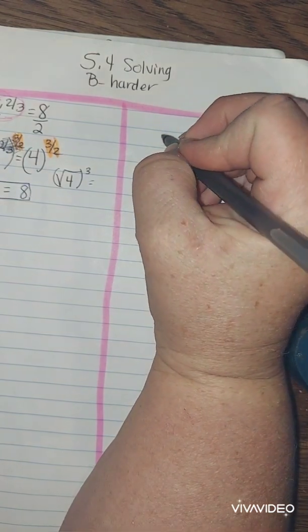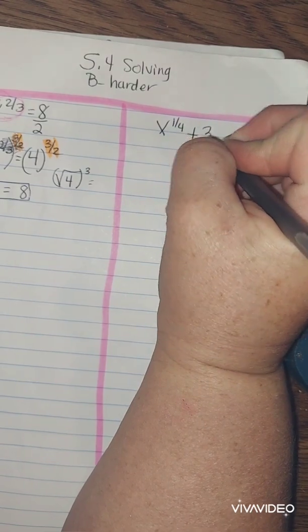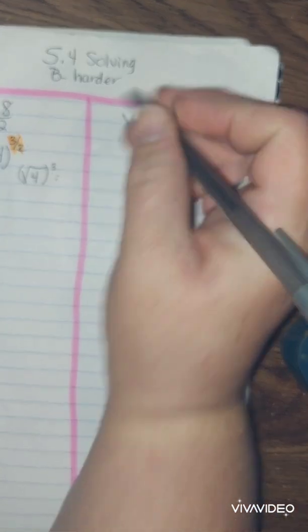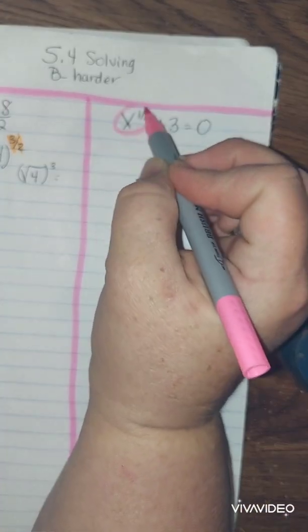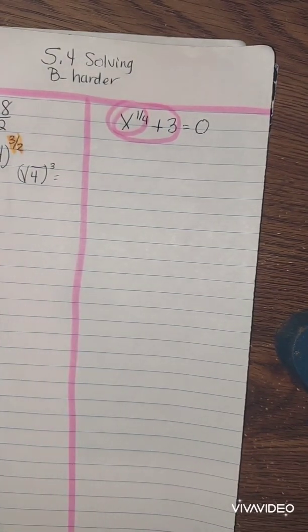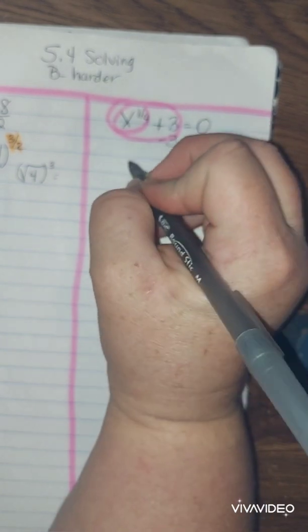All right, well, how about this one? x to the 1/4 plus 3 equals 0. I want to get this all by itself. So what's the first thing that I need to do? You're right, -3 on each side.